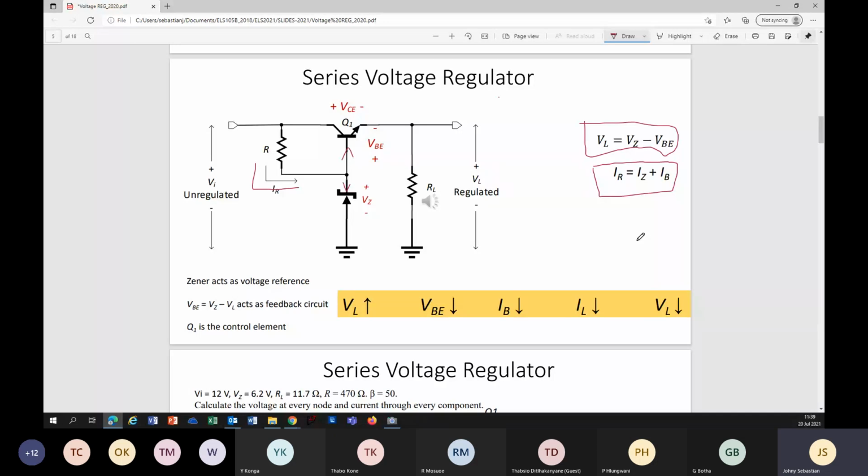Now, we also understand Zener diode acts as a voltage reference. VBE equals VZ minus VL. That is your feedback circuit. Feedback circuit is same as sampling circuit.